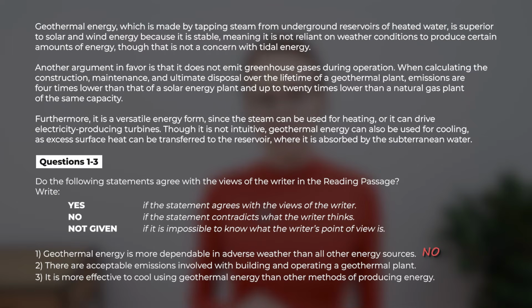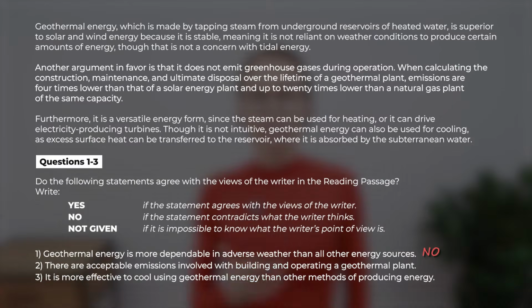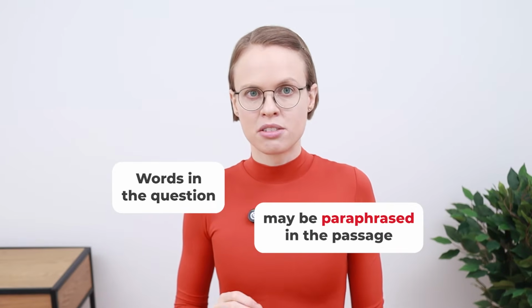The passage states that related emissions are lower than for solar and natural gas. Pay attention to paraphrasing here, guys. Do you see that construction and maintenance in the passage are paraphrased as building and operating in the answer choice? Always remember that words in the question may be paraphrased in the passage, so pay attention to that.